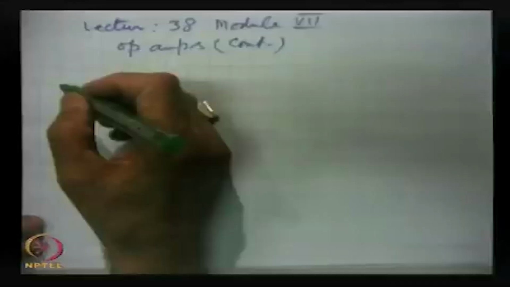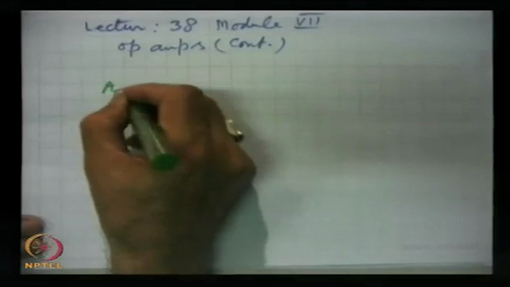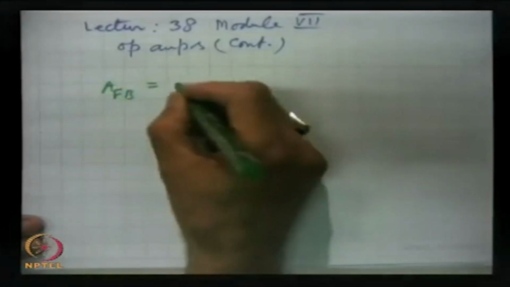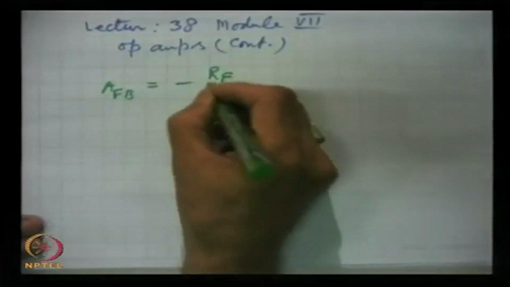We were discussing the inverting amplifier, and there were two things which we did. One was the practically used expression for voltage gain with feedback amplifier, this was minus Rf by R1.